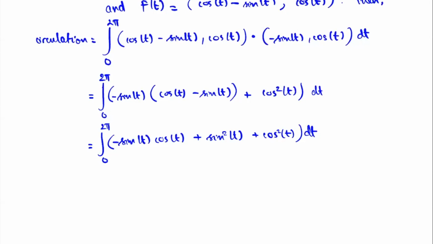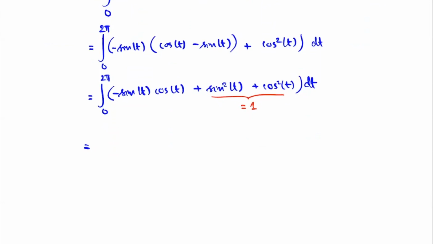All right. And you have the identity here, sine squared plus cosine squared is 1. Then the definite integral becomes the integral from 0 to 2 pi of 1 minus sine of t cosine of t dt. Can you evaluate this integral, please?